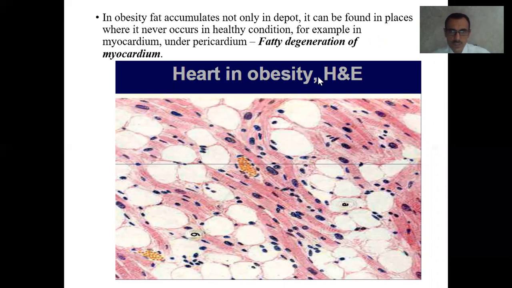When we use the hematoxylin eosin staining, the fatty cells lose their fat and become ring cells. These are the empty structures. Empty cells are the fatty cells.